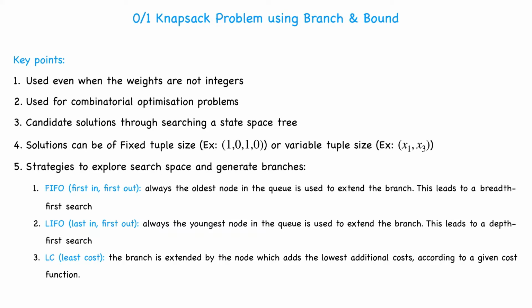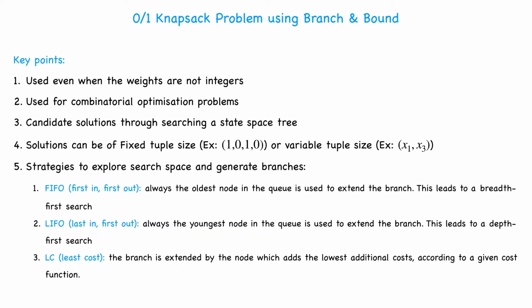Considering the oldest node in the queue is called breadth first search. Considering the youngest node in the queue is called depth first search. The third approach is to take the node which has the least cost. In this video, we will be discussing the least cost based approach, where we consider the node which has the least cost among the possible nodes available for expansion. So these are the three strategies, and we will be using least cost.